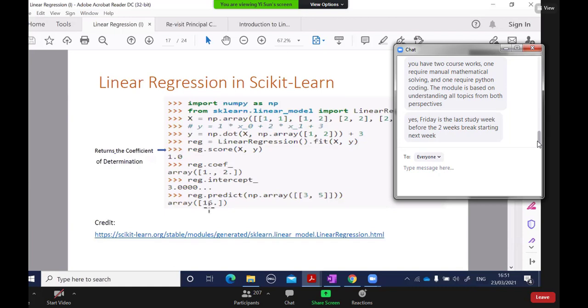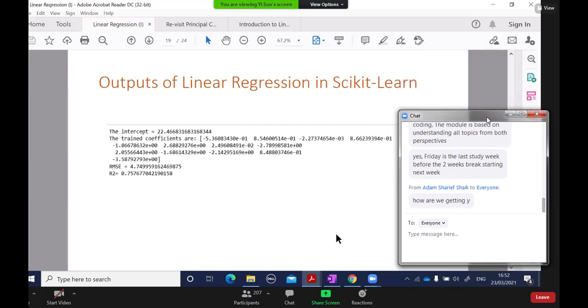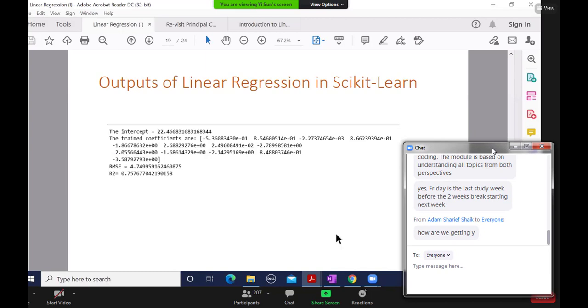So the point here, before we finish today, I want you to understand how to explain the outputs from the code. For example here, I give you the output, a trained model from sklearn. Now, listen carefully to my question. Tell me, what is the fitted linear line for this model?